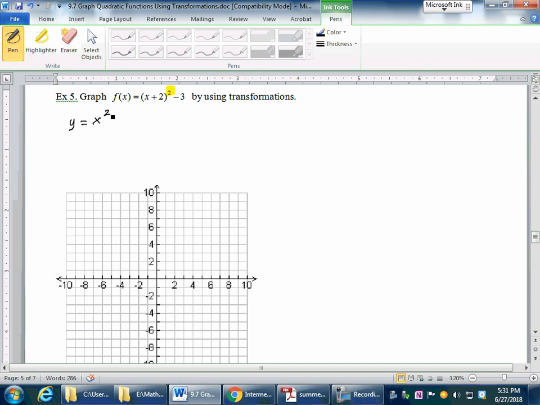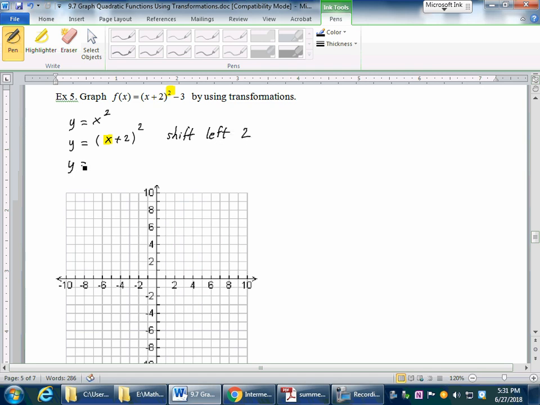So in this case, no reflection. I'm going to start with x plus 2 to the 2nd power. So we are adding 2 to my x value. That means it will be shifting left and right. Because I'm adding, it will shift left 2 units.